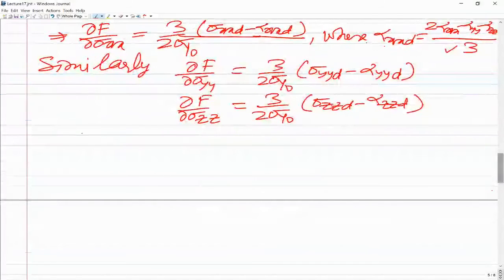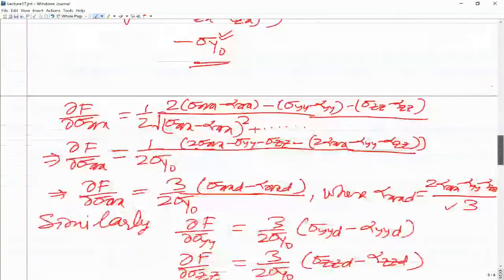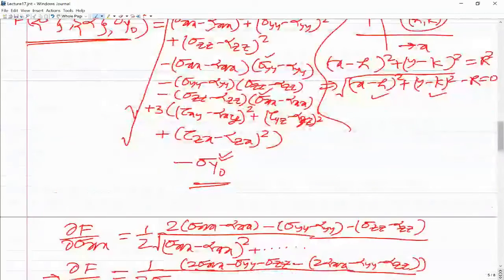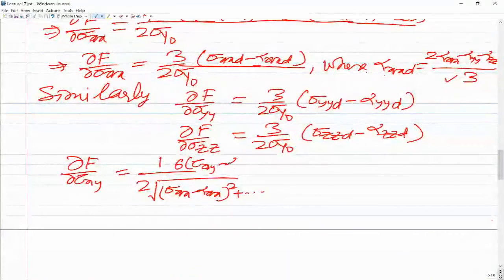And then if you look at del f by del tau xy, you will find that this will again be 1 upon 2 into whatever we have inside the square root sign, sigma xx minus alpha xx whole square and other terms. And then you differentiate what is inside the square root sign, so you are differentiating this term now. So 2 into 3, that will be 6 into tau xy minus alpha xy.